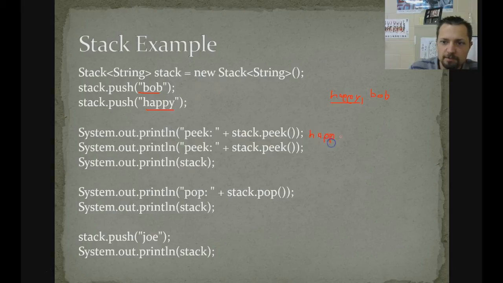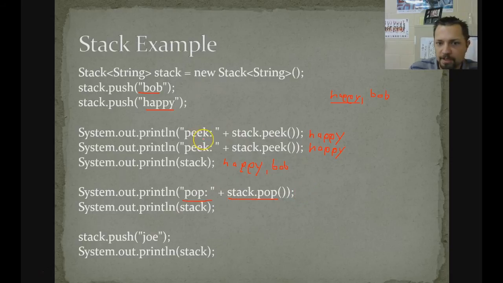A peek just gives you access to data. If we were to peek again, we would still see Happy. Because again, we're just accessing the data, not pulling it off. If we were to print the stack, it would be Happy, then Bob. If we were to pop, stack.pop.